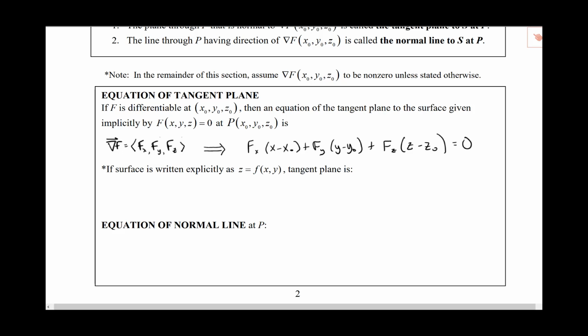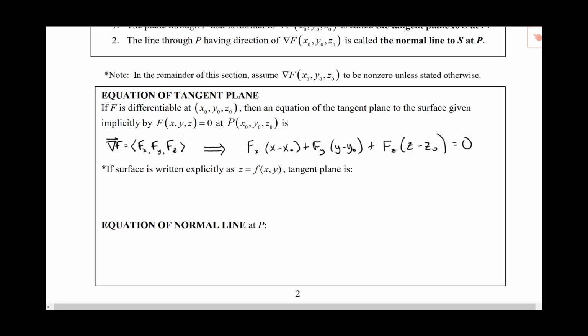Now, that was if we had written the surface implicitly with that capital F of x, y, z equals 0. If instead the surface is written explicitly as z equals f of x, y, then what would the equation of the tangent plane be?